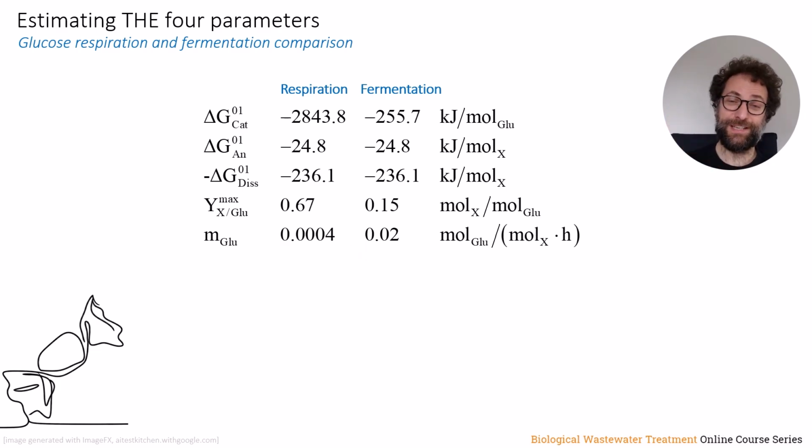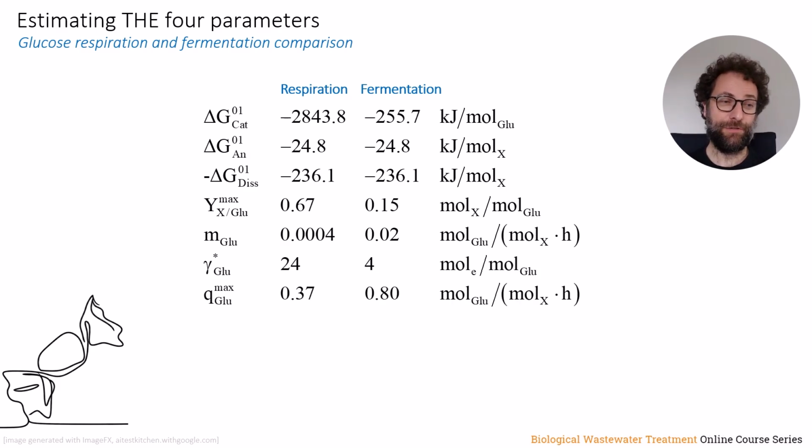Now the opposite is actually true if we look at the number of electrons involved, 24 against 4 moles electrons per mole glucose. Now, as we just learned, there is a physical maximum of electrons that can be transferred per mole biomass and per hour, which is 3.